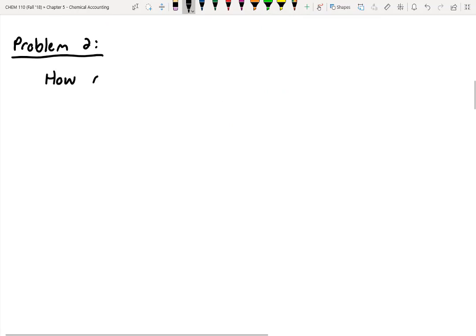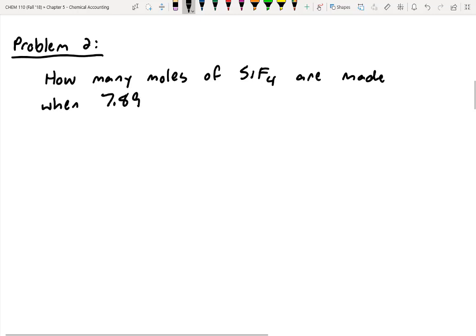This one is how many moles of silicon tetrafluoride are made when 7.89 moles of water are made. So try to set it up pretty similar to our previous problem and use those coefficient numbers from our balanced reaction in your math problem.